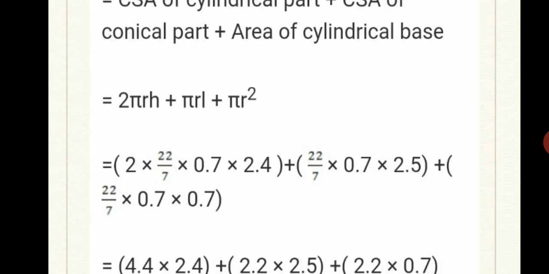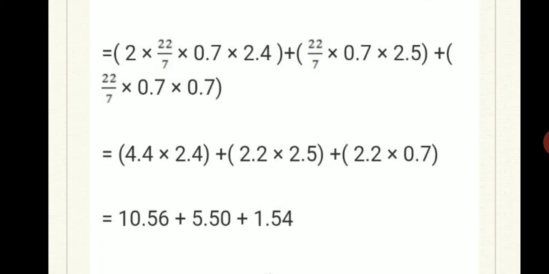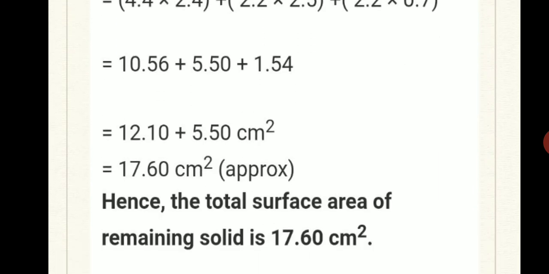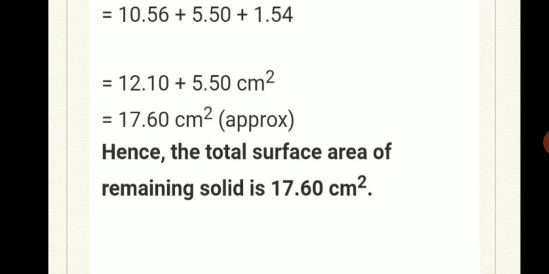So formula will be 2 pi rh plus pi rl plus pi r square. Now keeping the value of r, h and l, we are getting 10.56 plus 5.50 plus 1.54. So after getting the addition, we are getting 17.60 centimeter square. Hence the total surface area of the remaining solid is 17.60 centimeter square.